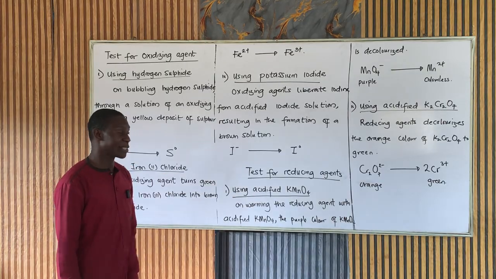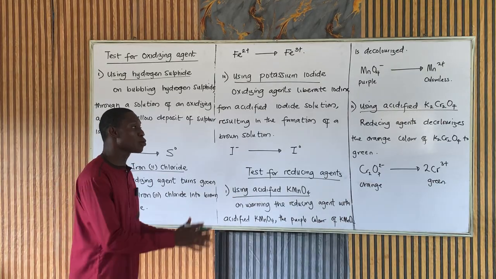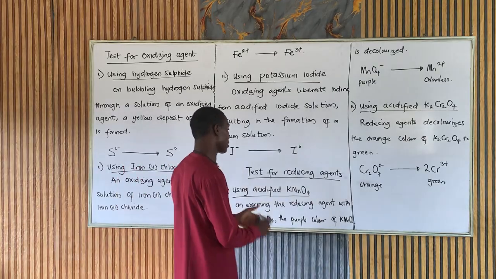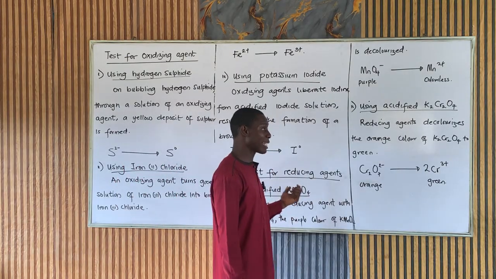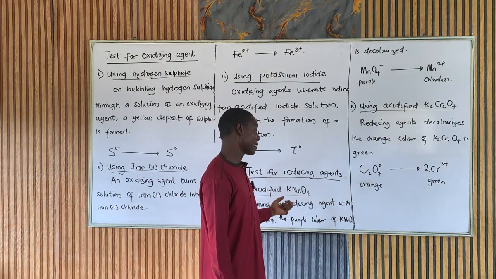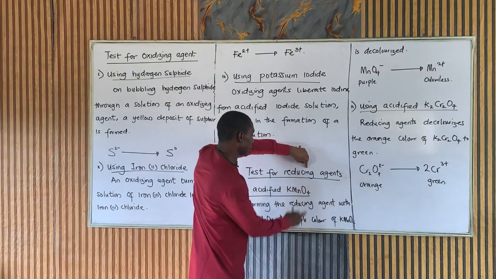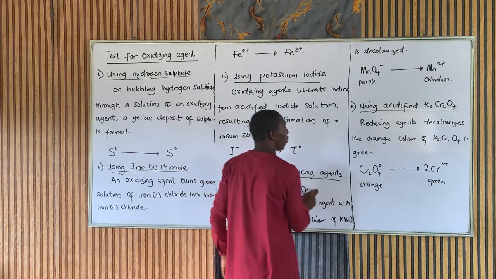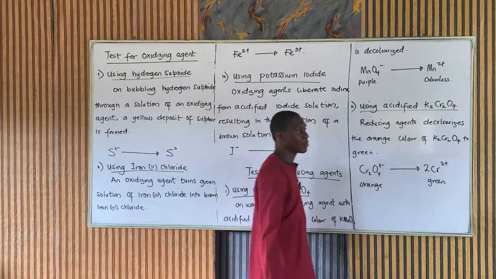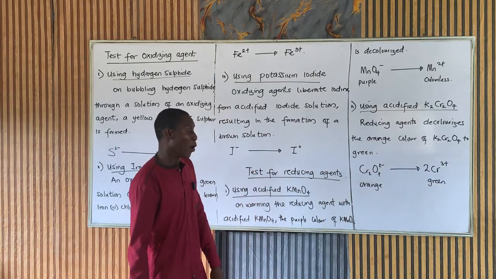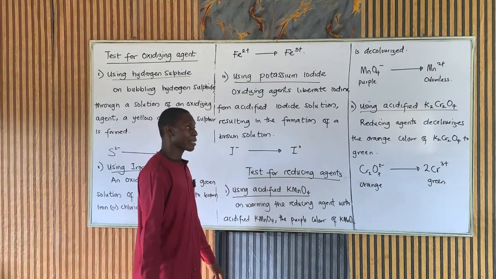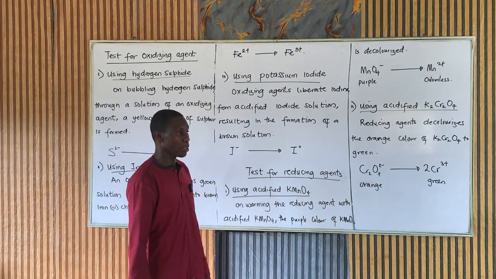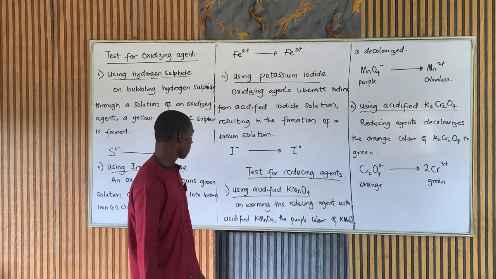Next is the test for reducing agents. Two important substances are used. They are very strong oxidizing agents. So to test reducing agents, you use oxidizing agents. So KMnO4 and K2Cr2O7 are strong oxidizing agents. This is called potassium tetraoxomanganate 7.